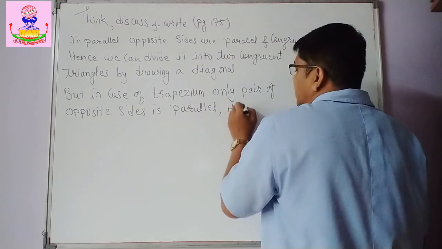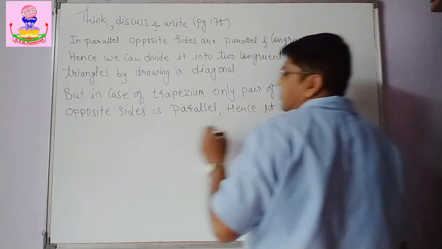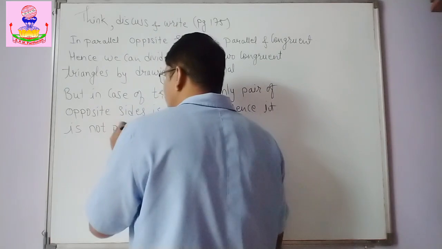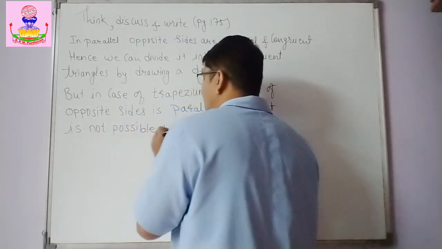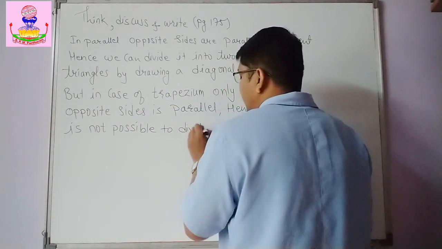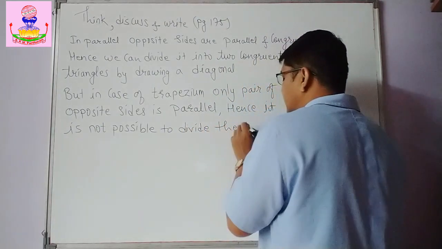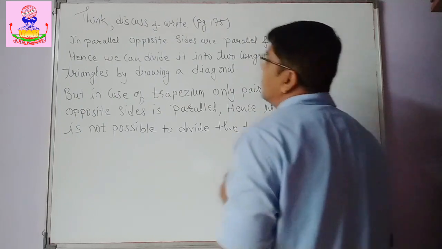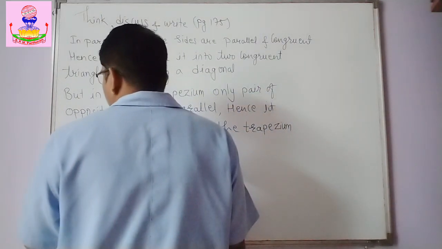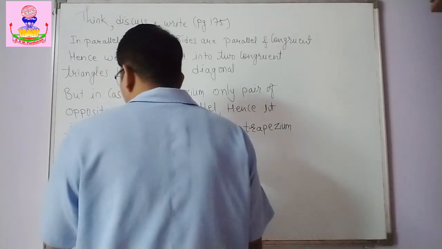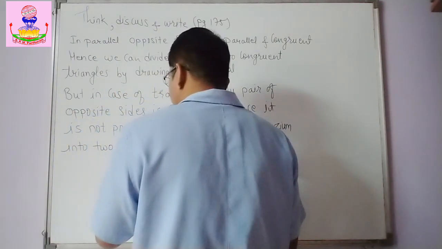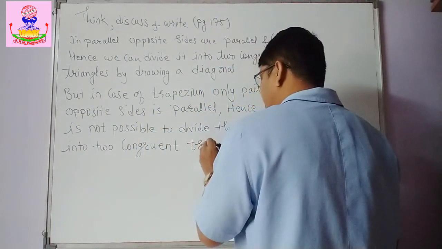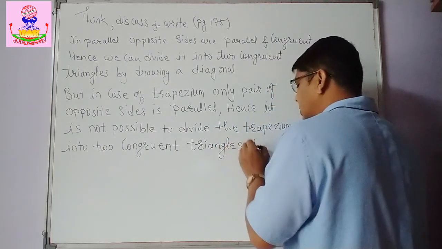Hence, it is not possible to divide the trapezium into two congruent triangles by drawing a diagonal.